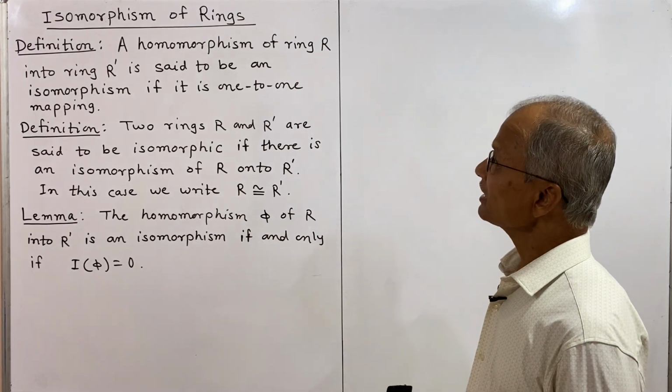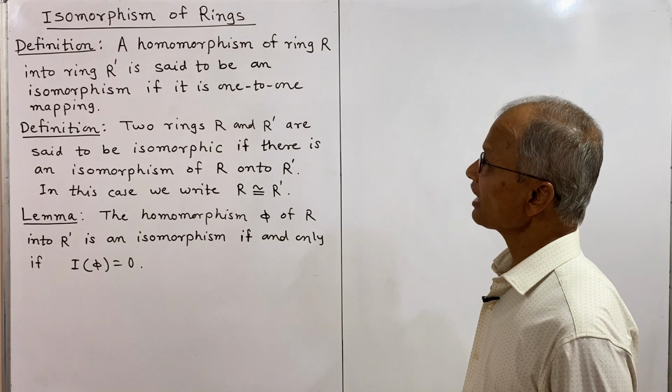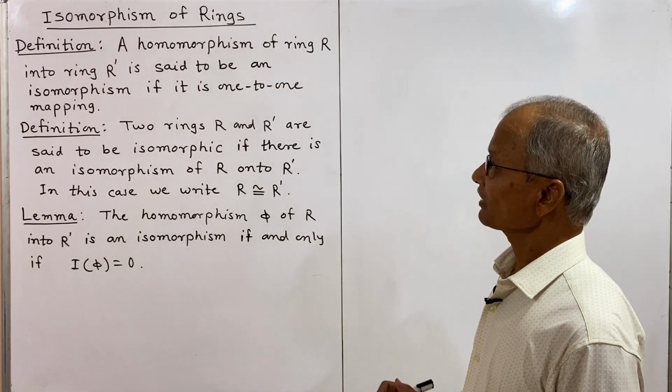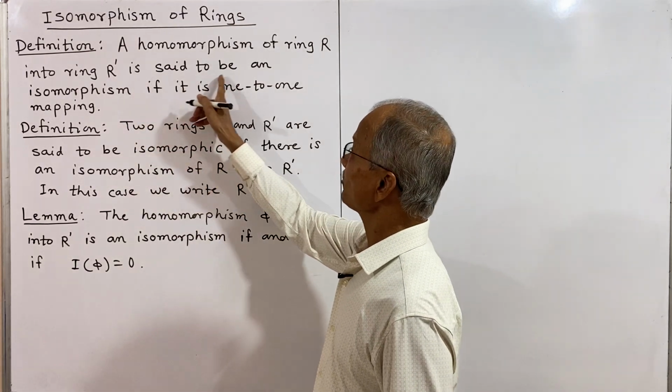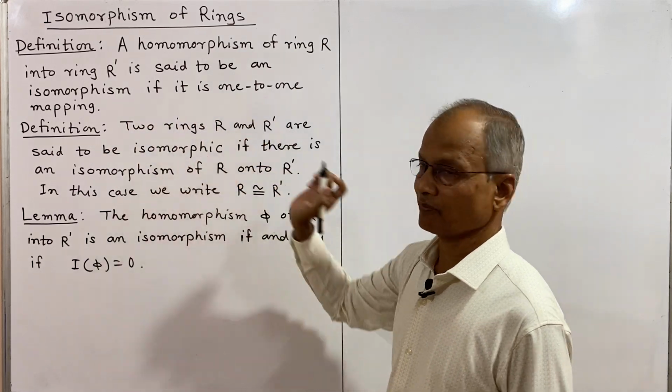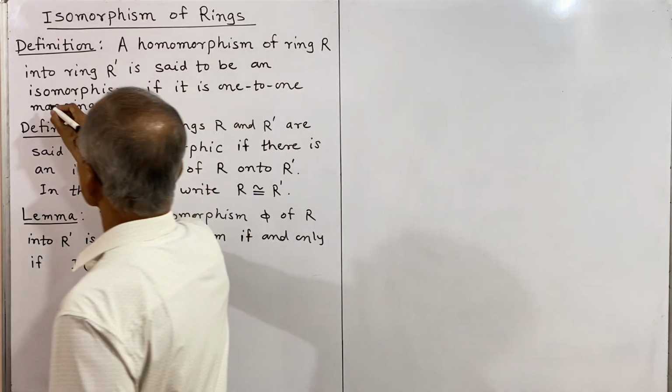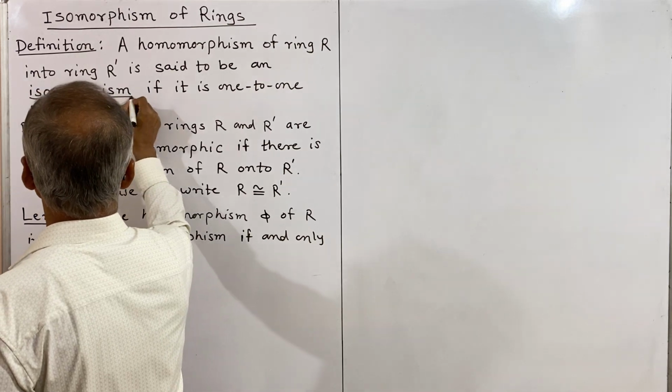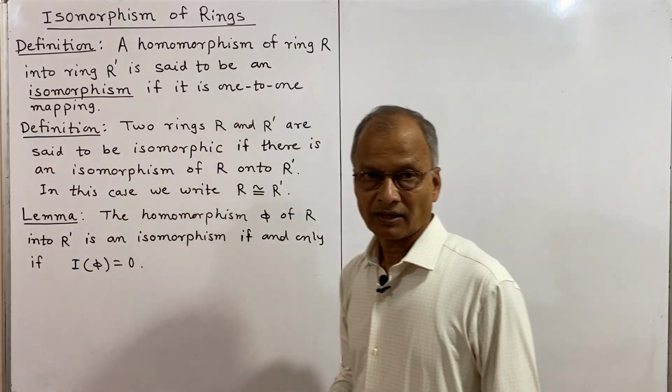The definition is: a homomorphism of ring R into ring R dash, or R prime, is said to be an isomorphism if it is a one-to-one mapping. So isomorphism between two rings is a mapping.